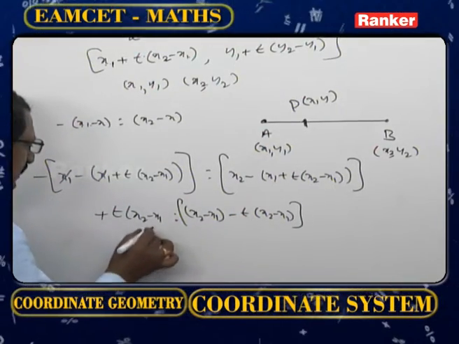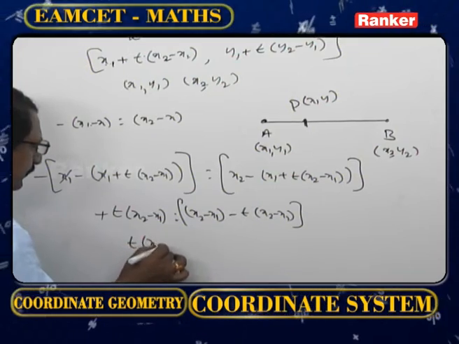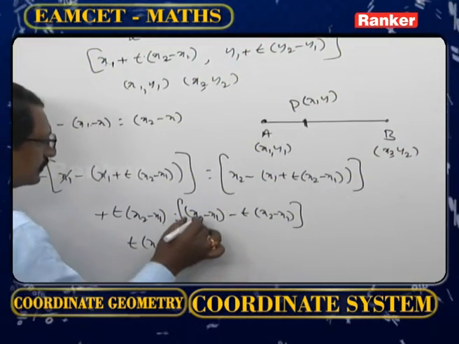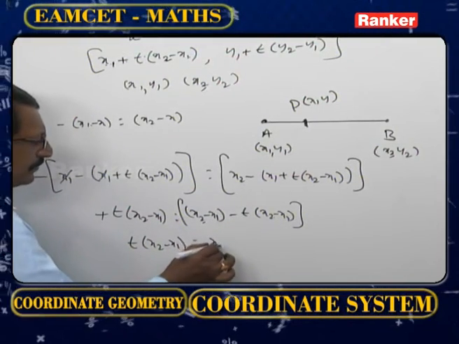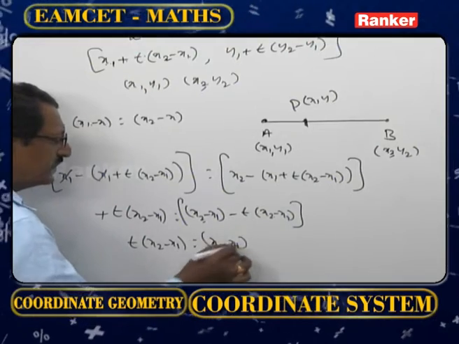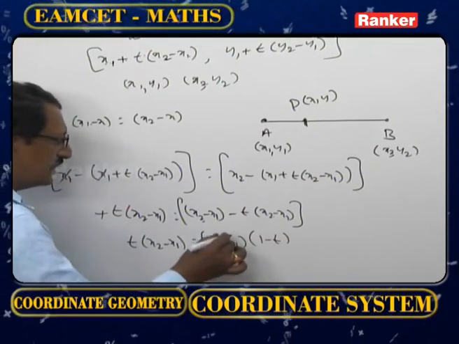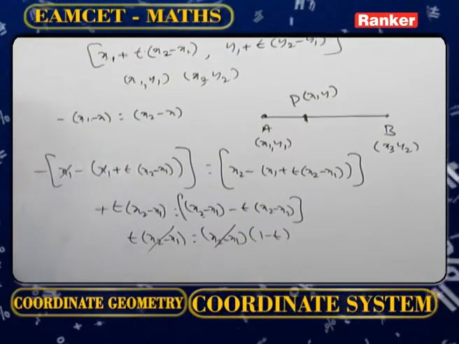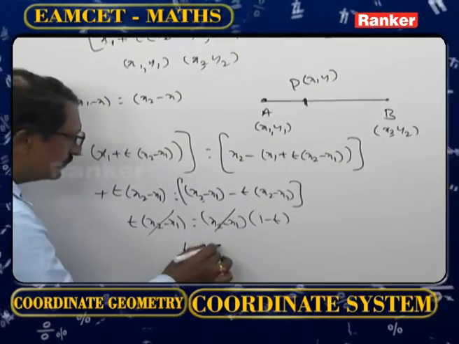Now t into (x2 minus x1) is to (x2 minus x1) take common (1 minus t). Now (x2 minus x1) cancels. Now the ratio is t is to 1 minus t.